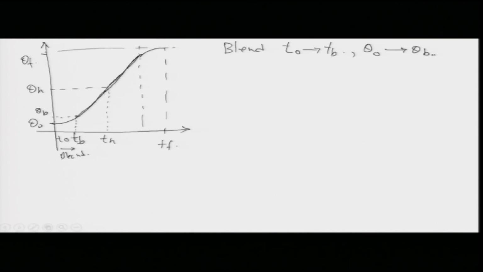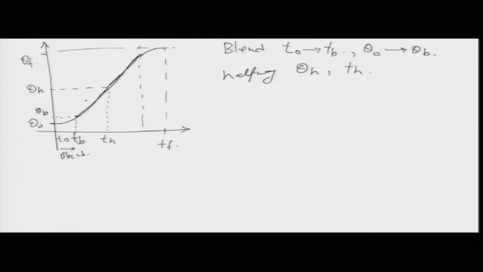Now, at the halfway mark, theta h is exactly the halfway, in between theta naught and theta f, and it is reached in time T h. This is halfway, right.